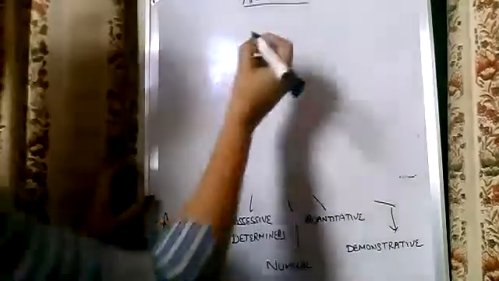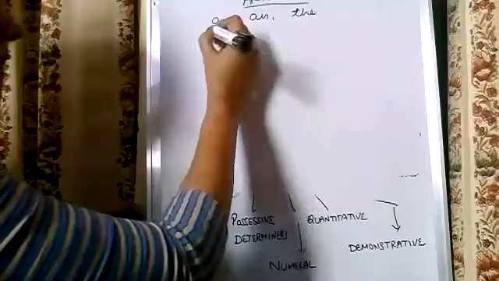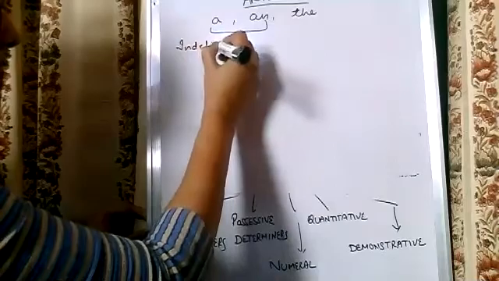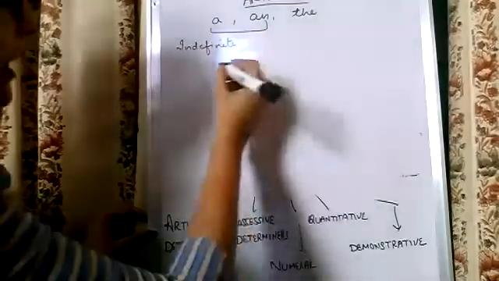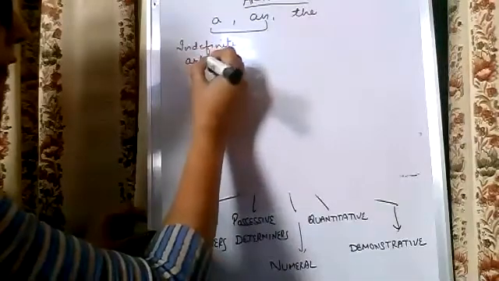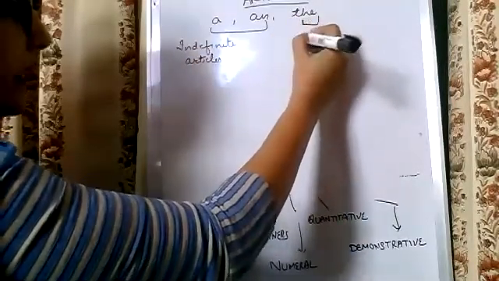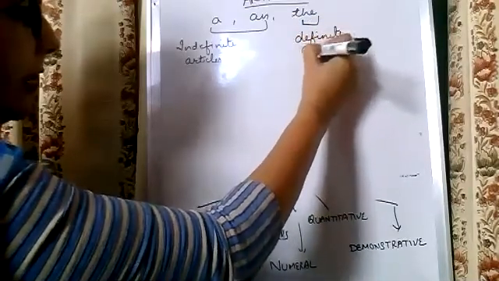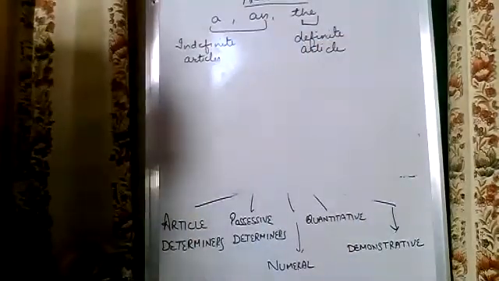Articles are a, an and the. A and an are called indefinite articles, and the is called the definite article.